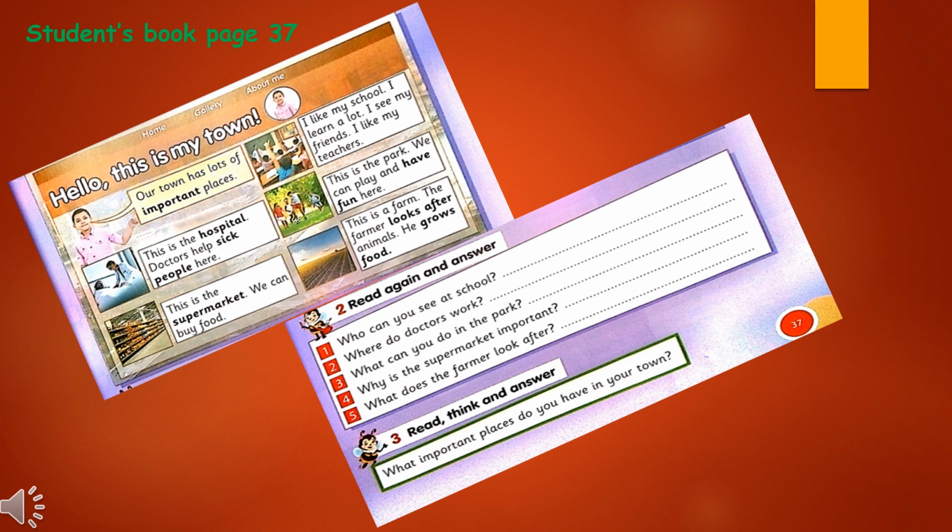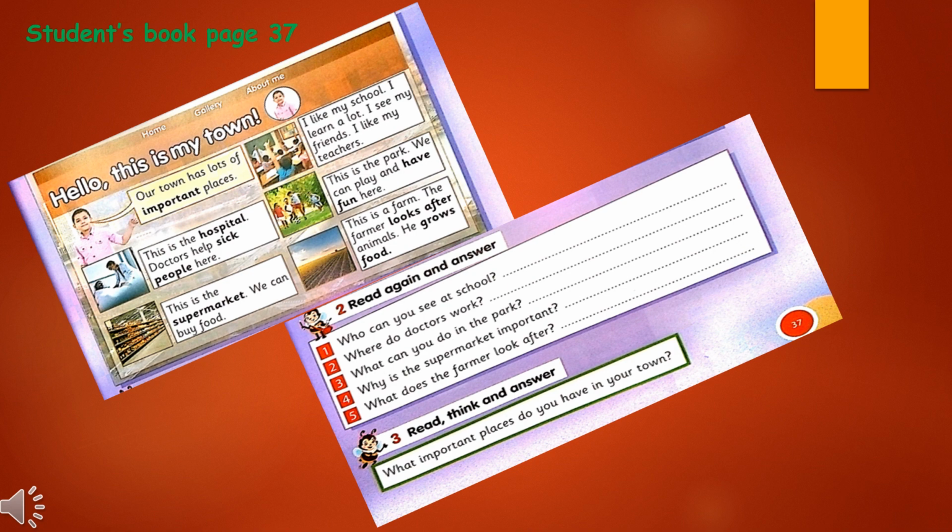Number 2. Where do doctors work? Yes, they work in a hospital. They work in a hospital.